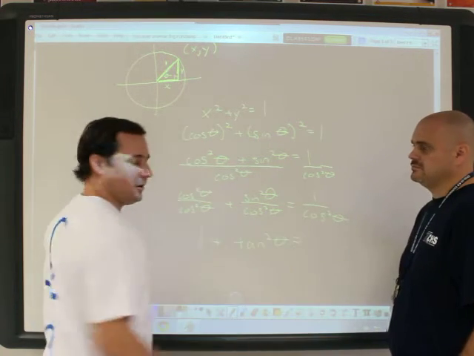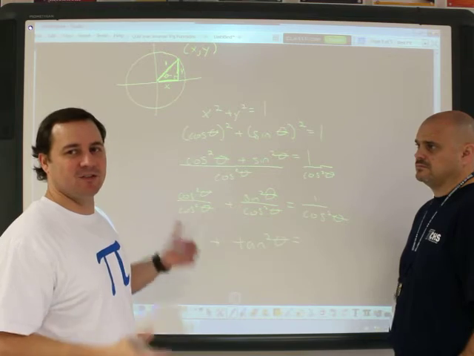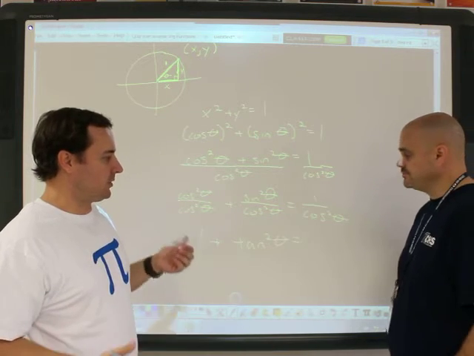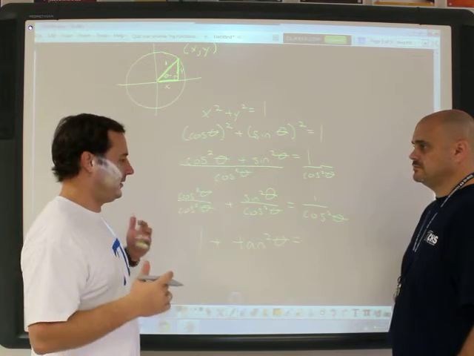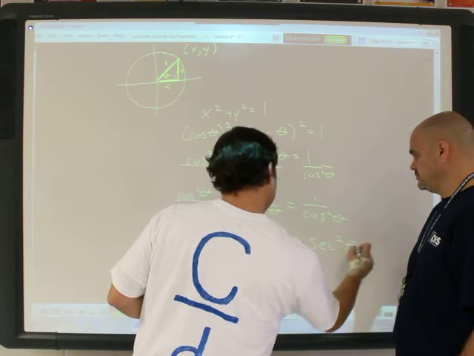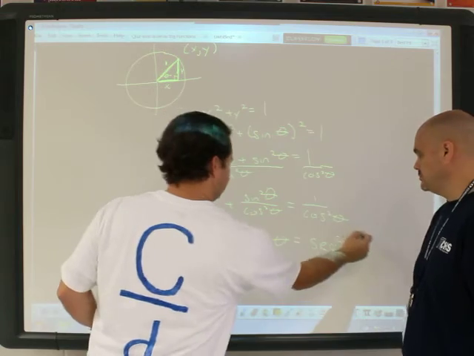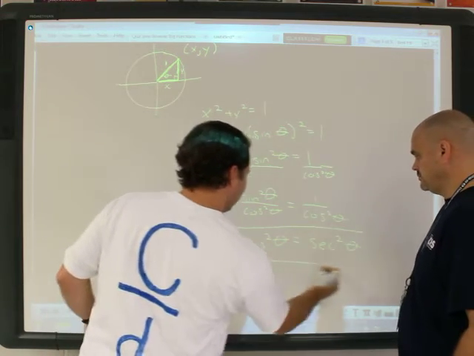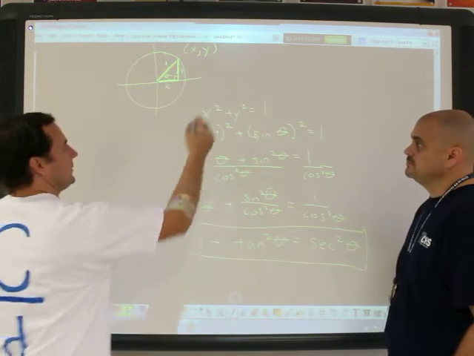And 1 divided by cosine squared, I know 1 over cosine is secant, the reciprocal. So 1 over cosine squared will be secant squared. Okay. So I have a second Pythagorean identity.